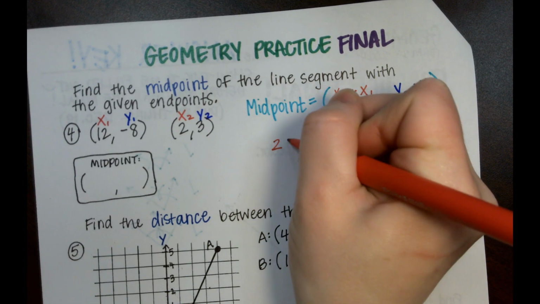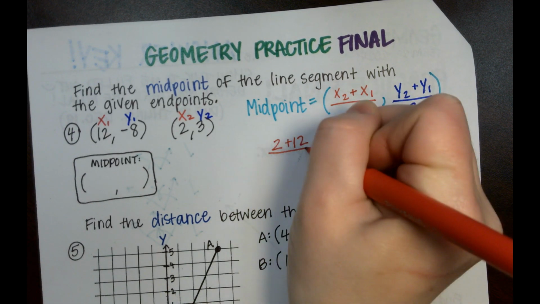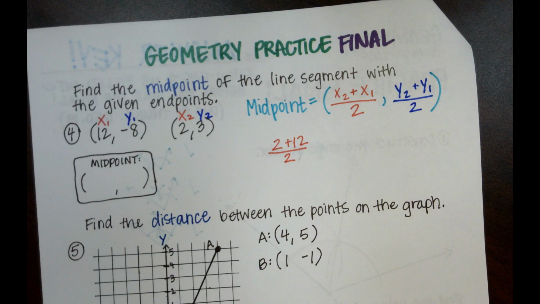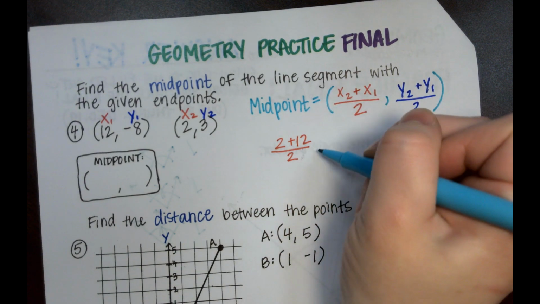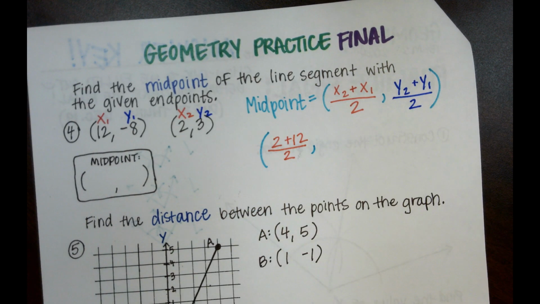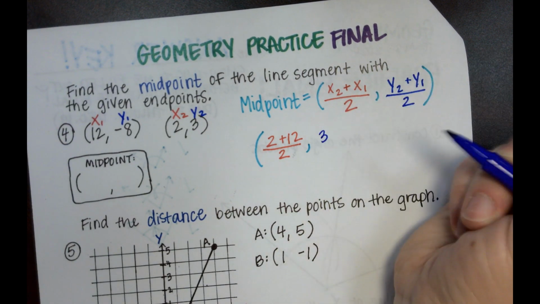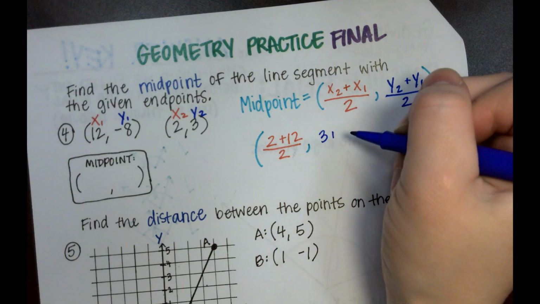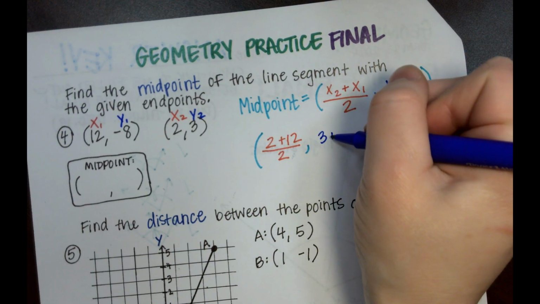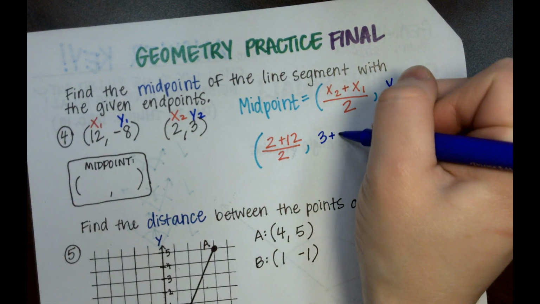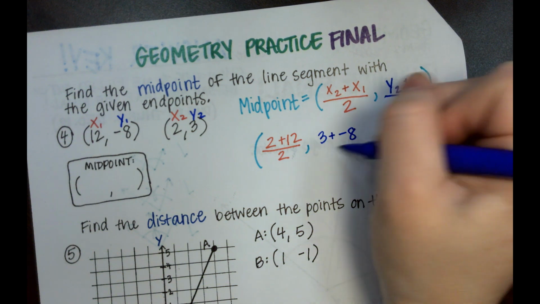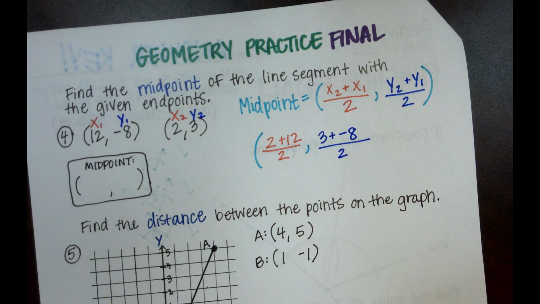Perfect. 2 plus 12 divided by 2 for my x's. And how about my y's? It would be 3 minus 8. Yes, 3 plus negative 8 is the same thing as 3 minus 8, divided by 2.